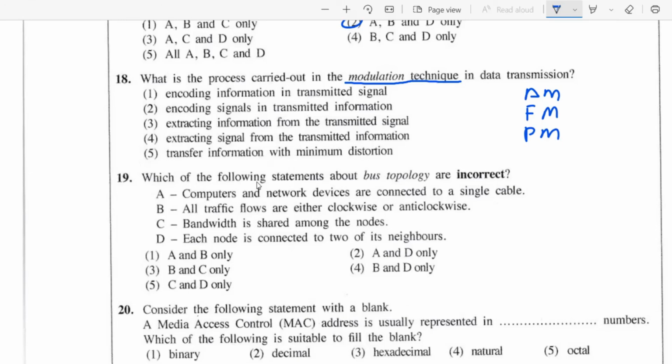Yes, the modulation technique is used to encode information into the signal, right? Embed the information into the signal.